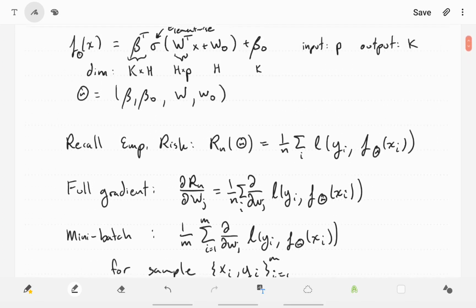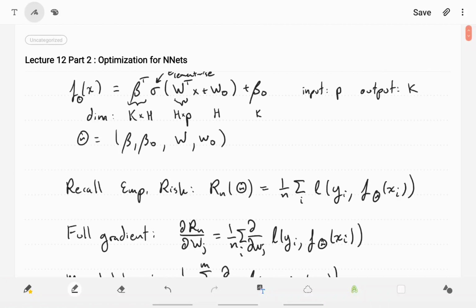Part of the challenge is that up here I chose my favorite architecture, the one hidden layer fully connected neural net. But this is by no means the only architecture. And part of the magic of neural nets is that you have a lot of flexibility in the selection of this architecture.